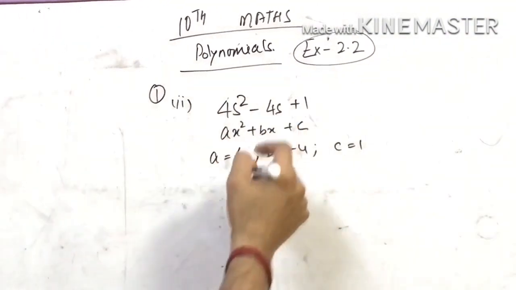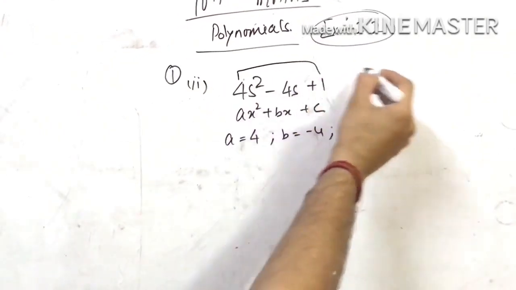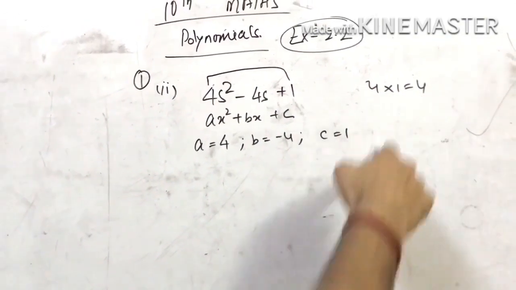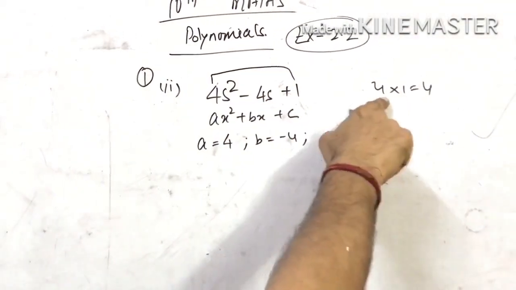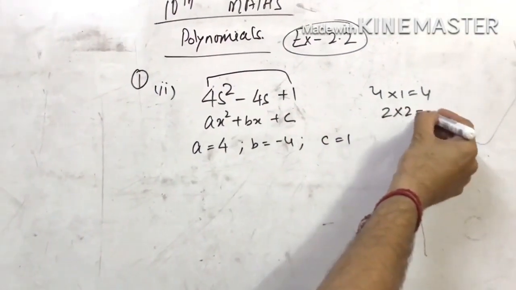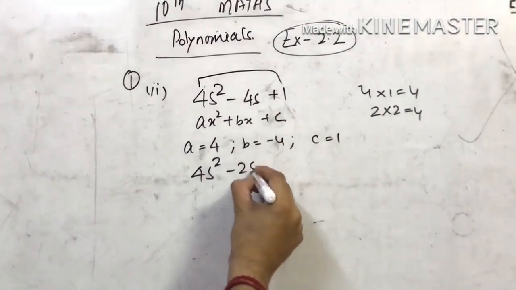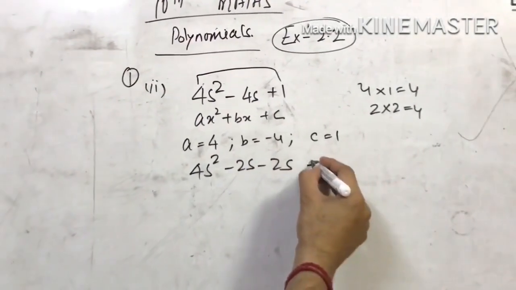Now you get all these numbers. Now you have to solve this equation. So what to do? This number should be multiplied by that, which will get 4. Now you have to factorize this 4 so that you get product is same and also you can split this term. So how you can do it? So 2 into 2 is 4. So 4x square minus 2x minus 2x. You can split this minus 4x into 2 parts.